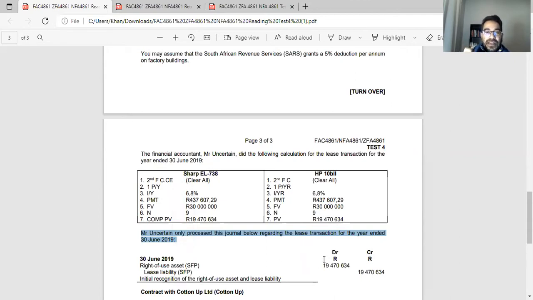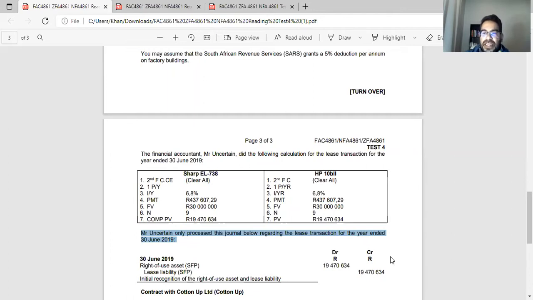He should have recognized the subsequent measurement journals as well, which are the depreciation, the payment for the lease liability, as well as the variable lease payment.